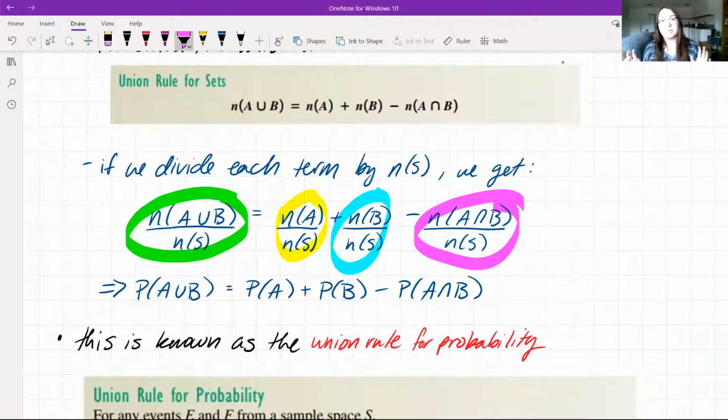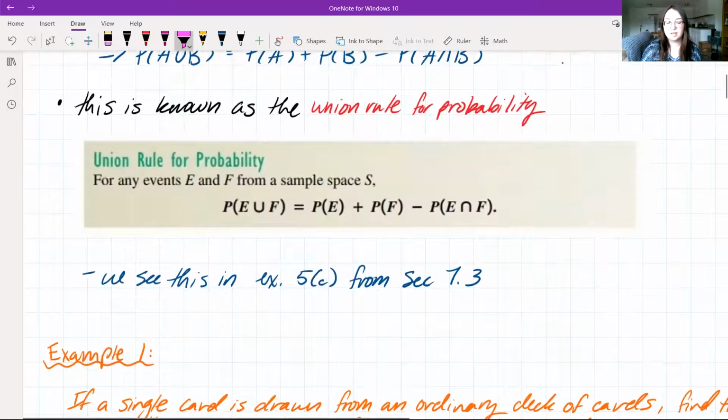So what we did was take the union rule for sets and manipulate it to create the union rule for probability. It's essentially the same rule, it's just that now we're doing probability.